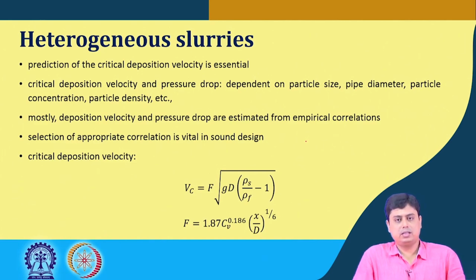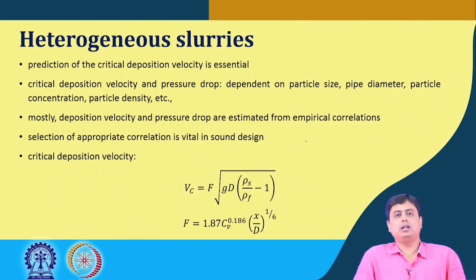So, in heterogeneous slurries, as there is a concentration gradient across the cross section of the flow, it is important to know what would be the critical value of velocity that would be sufficient to keep them suspended.